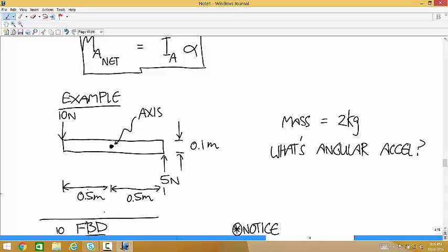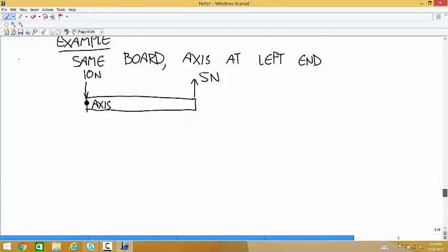So in this case, we're going to see that the weight actually does produce a moment that's going to try to make it accelerate that way. Okay? Yes? So any force that's acting on the axis is going to have zero moment? Yep, that's right. Because the distance from the force to the axis is 0. Okay, so first let's figure out the moment of inertia.